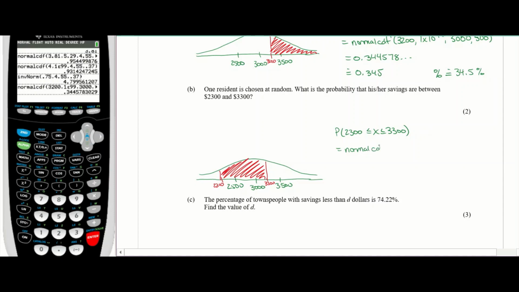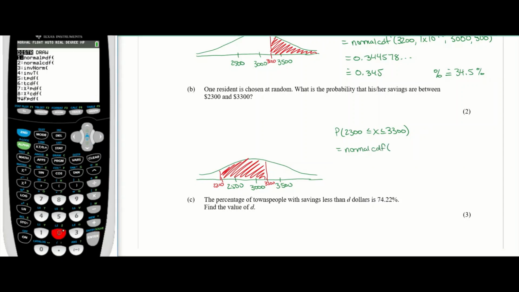So normal CDF, now I have a lower bound of 2,300 and an upper bound of 3,300. Mean and standard deviation remain the same.